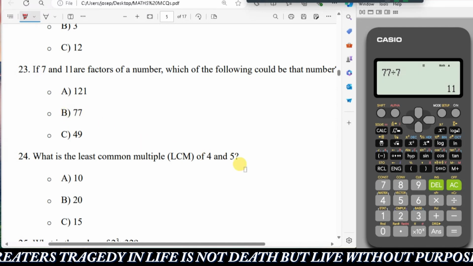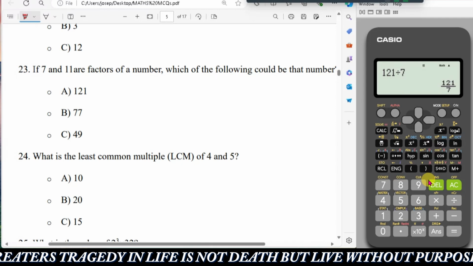So the correct answer here is going to be 77. If you want to test the first one, A, 121 divided by 7, let's see, it does not give you a perfect number, so this is not a factor.